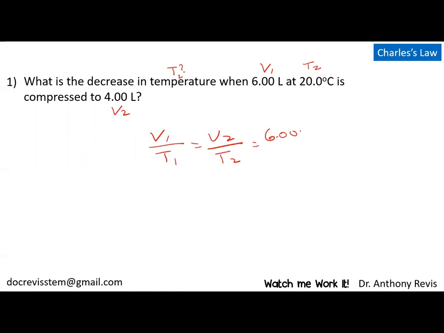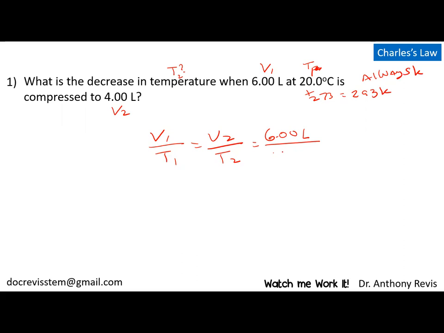So let's put in V1 and T1. T1 is 20 degrees C plus 273 automatically to get this to K. So that's 293 K, always K. The first thing I would do on my paper, as soon as I see it, is the plus 273.